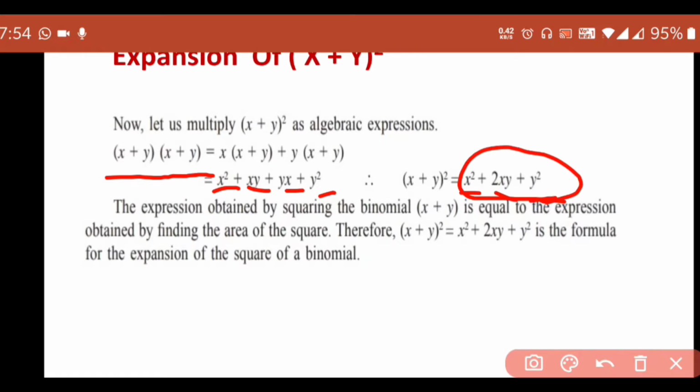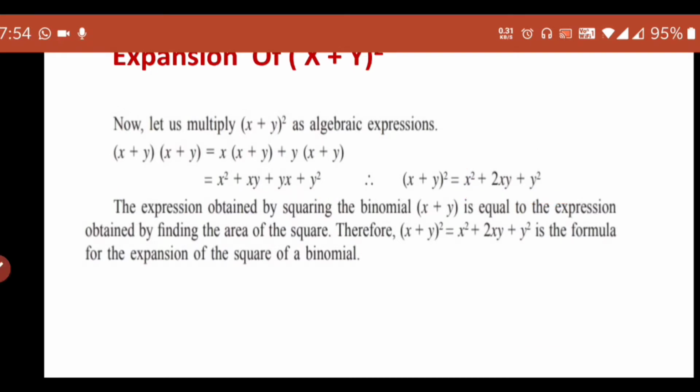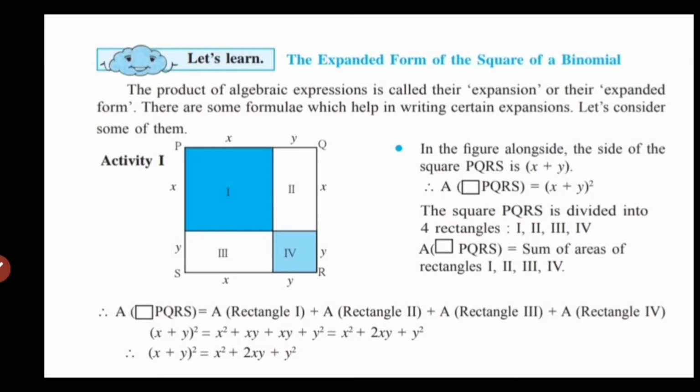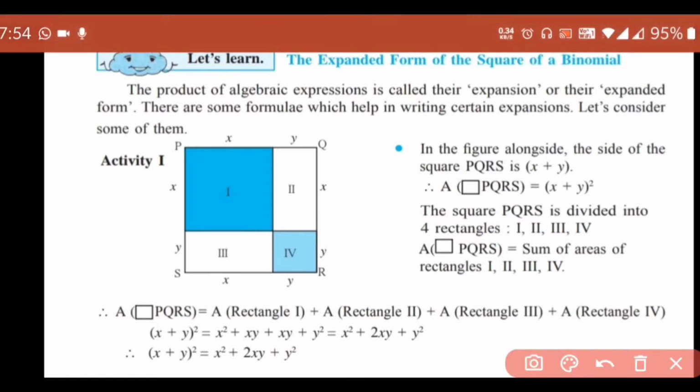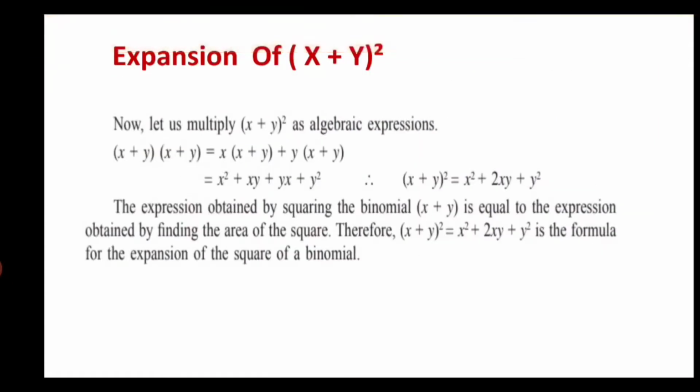So when we do simple multiplication also we get the same answer, and when we show it by using the formulas like this, again we will get the same answer here. X plus y square is equal to x square plus 2xy plus y square. Either you apply the formulas of areas of square and rectangle, we can get the same answer, and when we show it by multiplication form, we get the same answer.